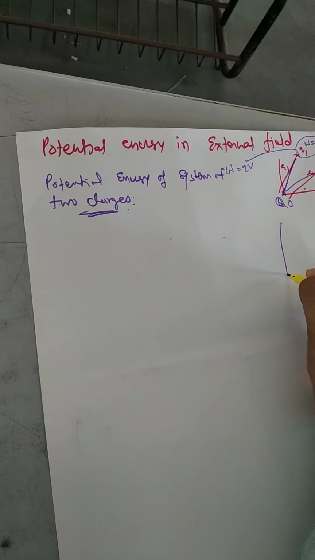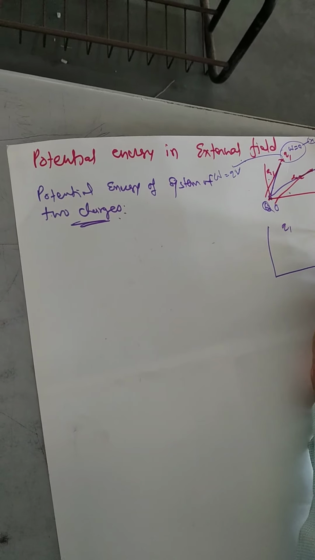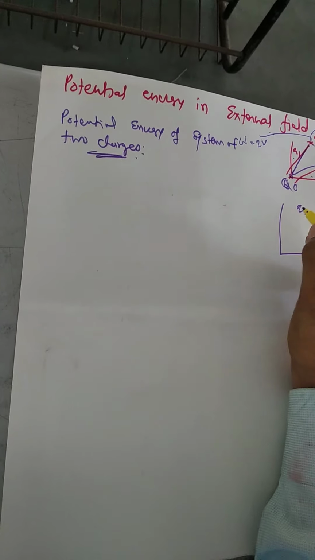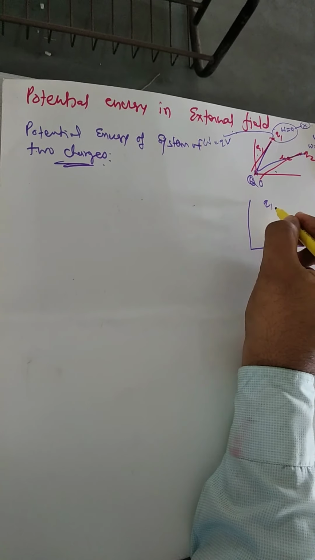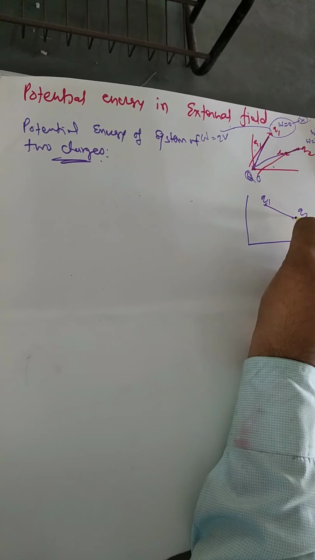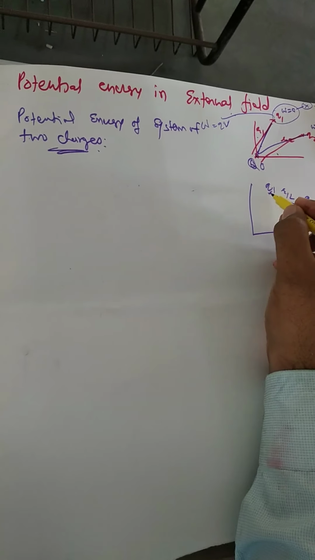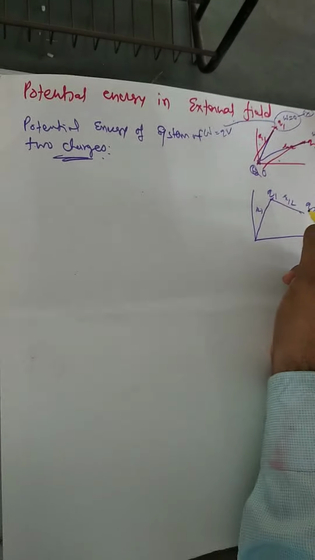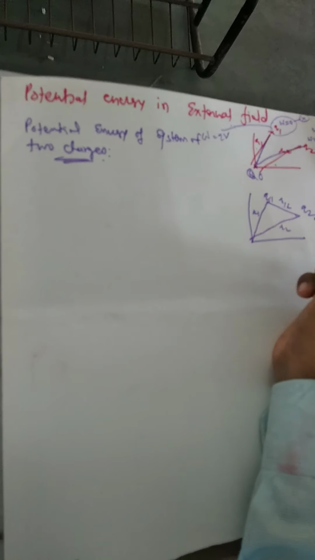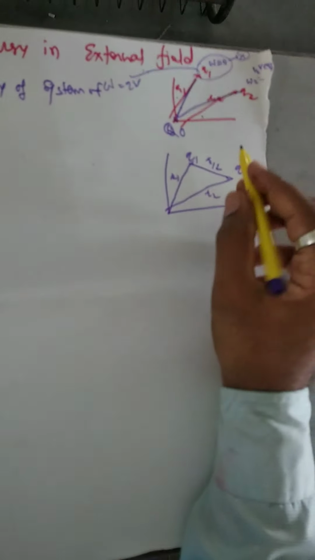Suppose this is charge q1, suppose this is charge q2, and this is the radial distance r12. This is at a distance of r1, this is at a distance of r2.